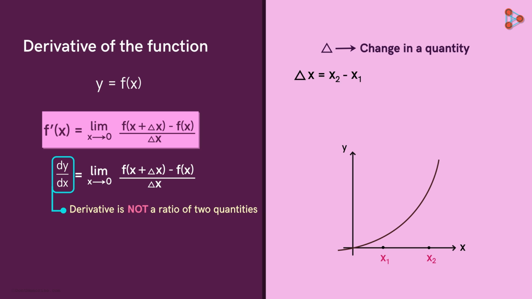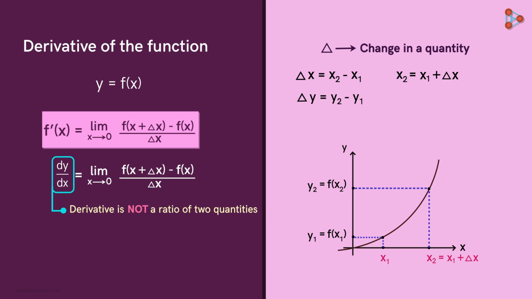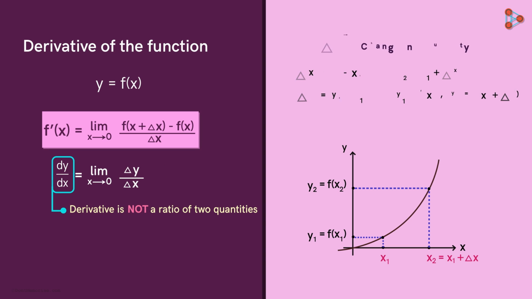In other words, x2 will be equal to x1 plus delta x. Now let's say at x1, the value of the function is y1, and at x2, the value of the function is y2. So delta y means y2 minus y1. Therefore, the numerator here can be denoted as delta y.